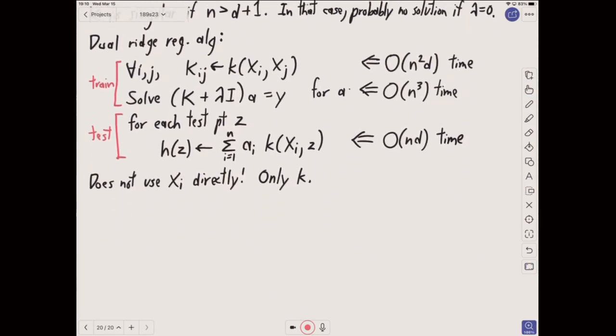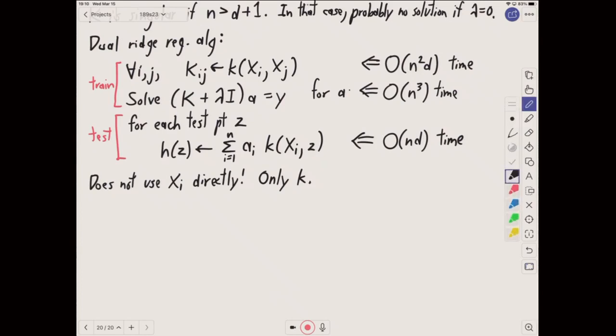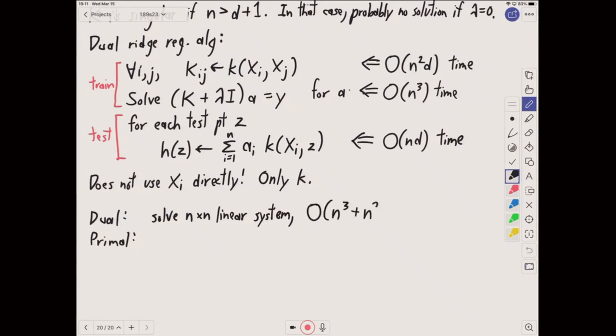And so you might ask, what circumstances is it faster? What circumstances is it slower? Well, let's compare the running time of the dual and primal versions of ridge regression. Well, in the dual algorithm, you need to solve an n by n linear system. And the total running time is going to be big O of n cubed plus n squared d.